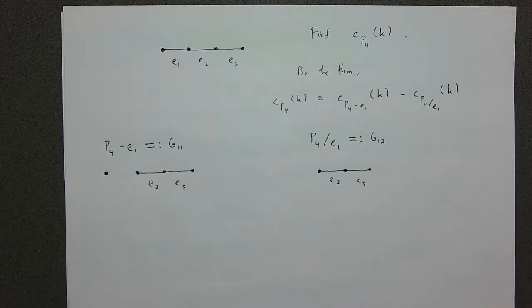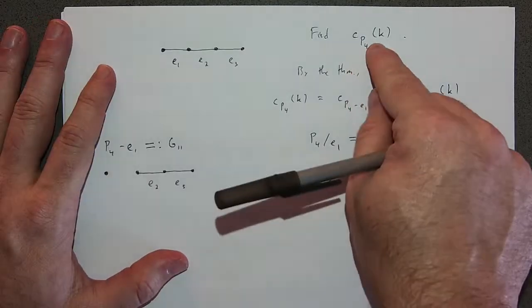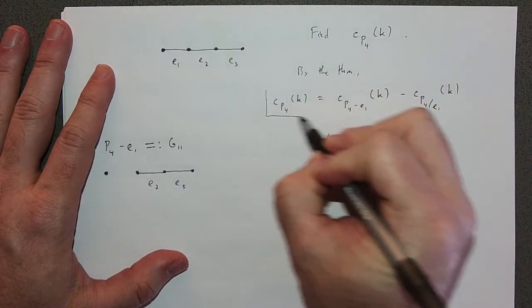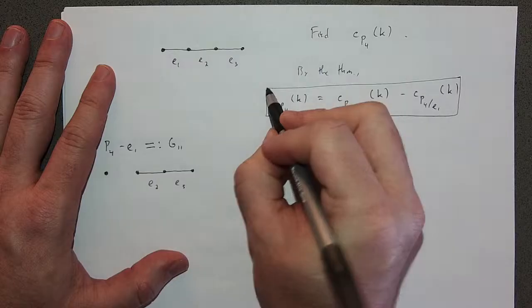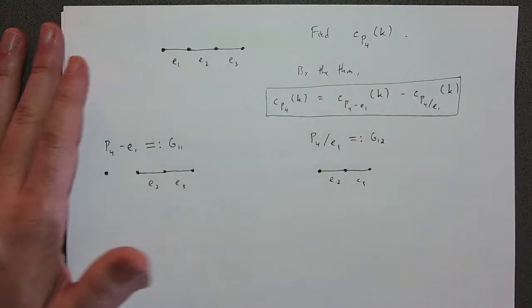So here are my thoughts. I'm trying to compute this number using this theorem, and by the theorem, I'm now computing this number.